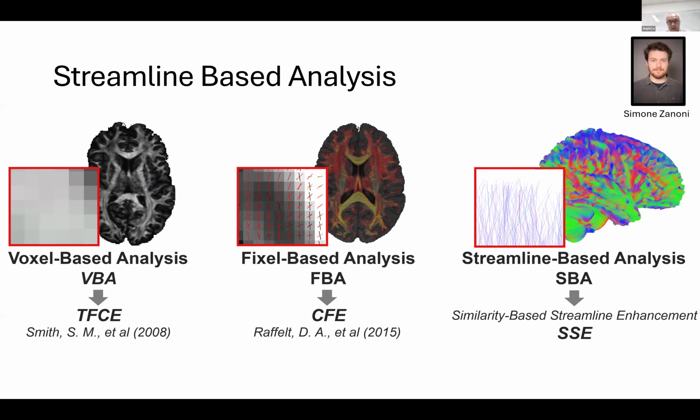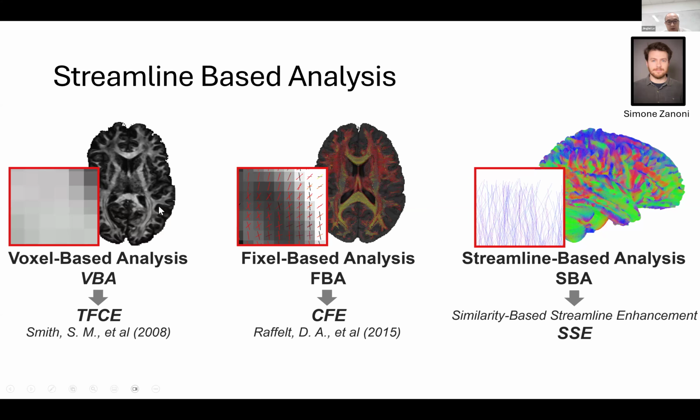And last but not least, Simon Zanoni, who is a PhD student in our team, is developing the streamline-based analysis based on the tractogram template. So what is the streamline-based analysis? On the left, we have the voxel-based analysis. Basically, we compare different features in each voxel across subjects or across groups.